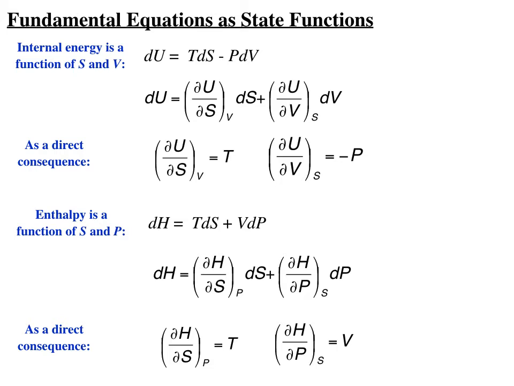If you're designing an experiment, I'm looking first at how entropy varies and how that affects internal energy. We'll have more to say about what that means. And we're doing it in an isochoric process.